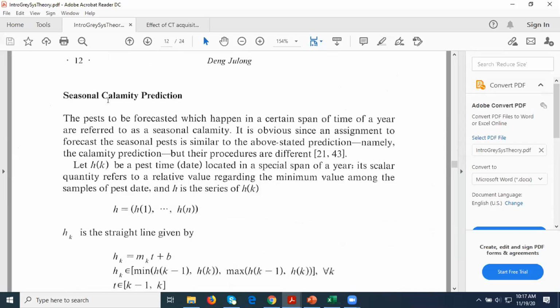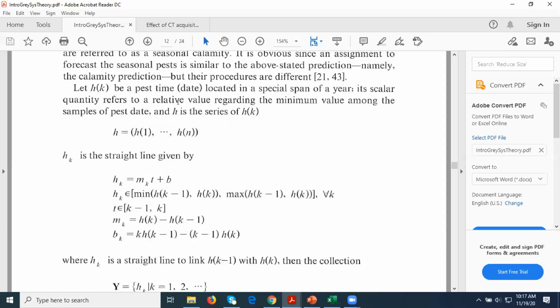And seasonal climatic prediction: by using this gradation analysis you can find the total optimal value and how the response changes at a particular time and in a particular interval. That is the major advantage of this gradation analysis.